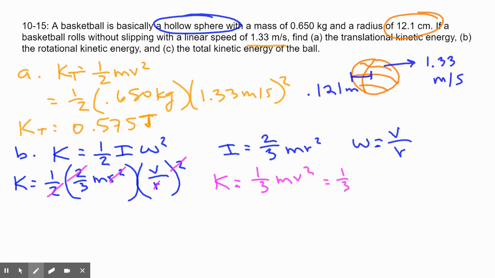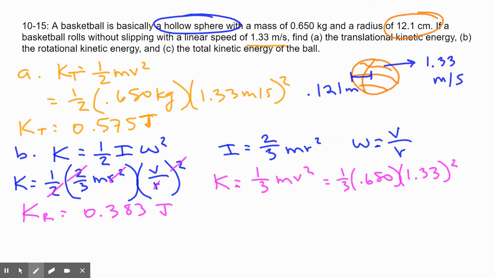Okay, so that's 1/3, 0.650, and 1.33 squared. So my rotational kinetic energy is 0.383 joules.